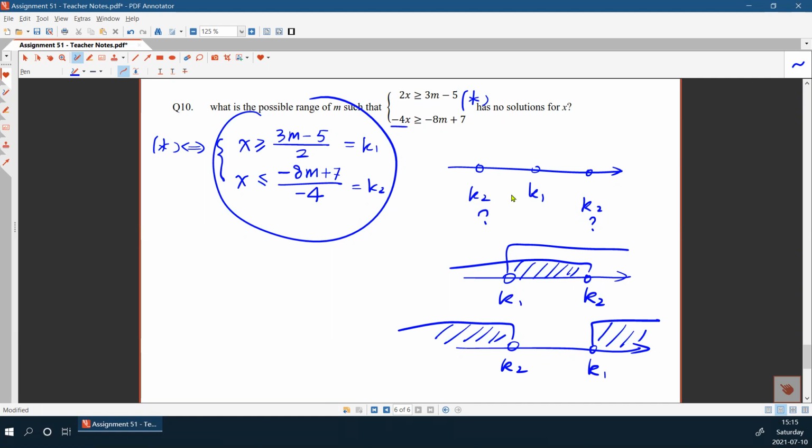So k2 must be to the left, right? Okay, so I hope you really understand it. So this is the correct relative positions of k1 and k2, right? So the conclusion is if k2 is smaller than k1, there is no solution for x, right? This is your answer.